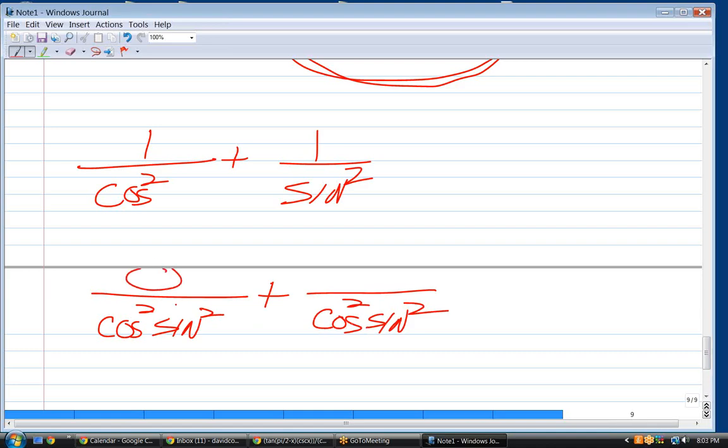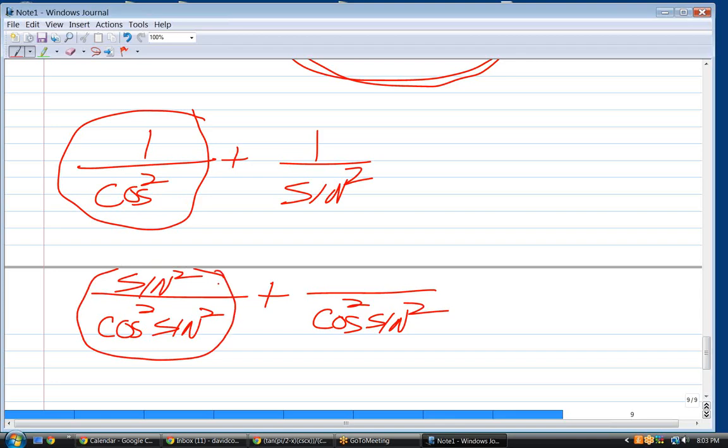Now, what has to go here? Well, it's got to be sine squared, doesn't it? In other words, I'm not changing that fraction, I'm just giving it a different denominator. So if I divide that into my common denominator and multiply by the numerator, I get what needs to be there. You see where this is the same as 1 over cosine squared?